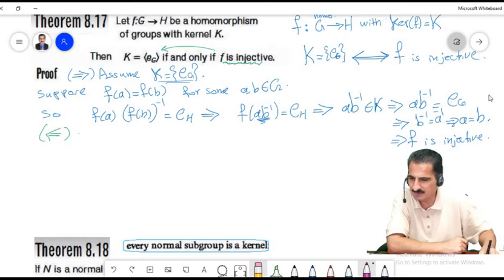Let me start with the hypothesis. Assume f is injective, and we have f is a homomorphism here.